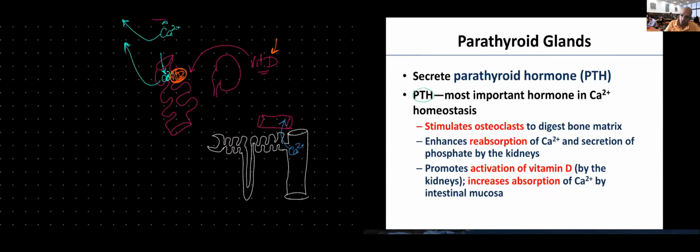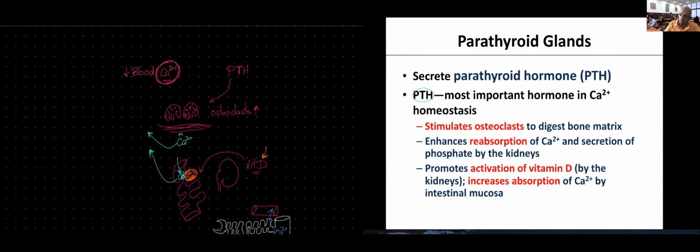So three main actions here of PTH to increase the blood calcium level in case of reduction in the blood calcium. We've got bone resorption.